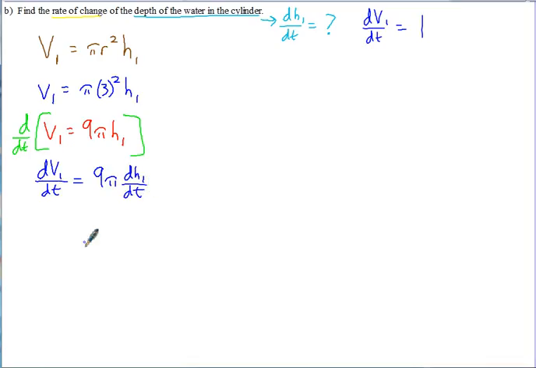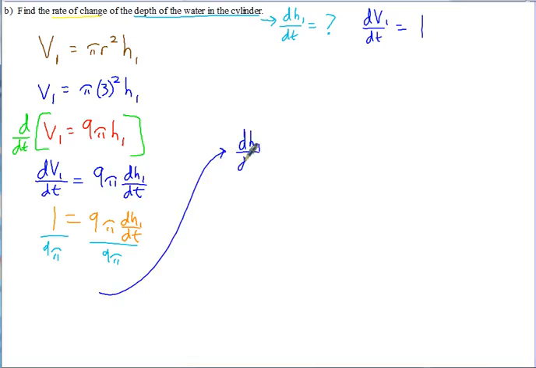And then we can plug in what we know. We know dv sub 1 dt is 1. All you have to do to solve for dh sub 1 dt is divide by 9 pi. So dh sub 1 dt is just 1 over 9 pi.